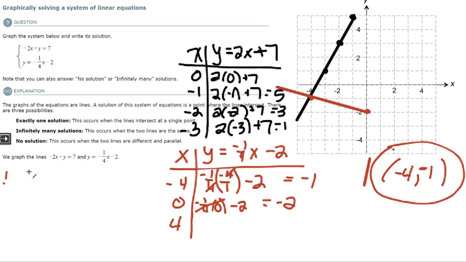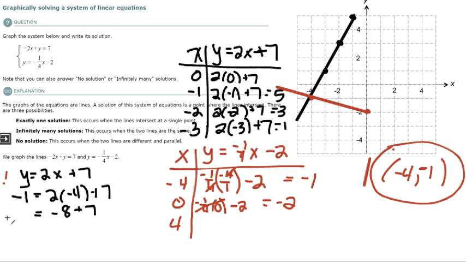So is y equals 2x plus 7? Does negative 4, negative 1 work for that? So is negative 1 equal to 2 times negative 4 plus 7? Well, 2 times negative 4 is negative 8. And if you add 7 to that, that does equal negative 1.